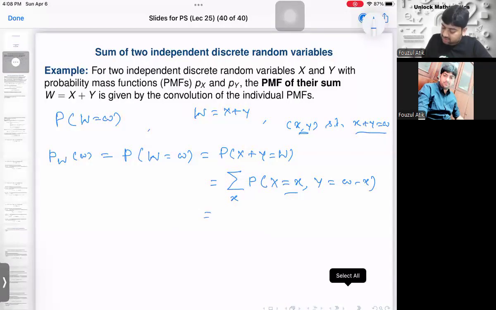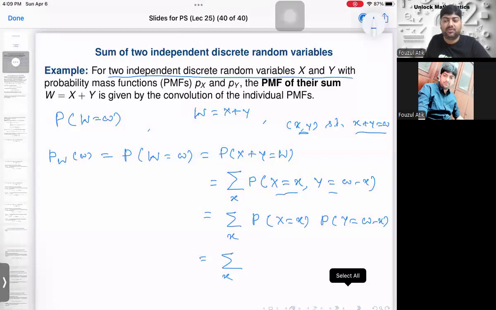Now, one more thing: it is also given that x and y are independent discrete random variables. So if x and y are independent, what can we say? We can just separate them out, right? This is actually X equal to x and Y equal to w minus x, but x and y are independent, therefore I can write it as P of X equal to x times P of Y equal to w minus x. And those are actually the marginal probability mass function of x and the marginal probability mass function of y.